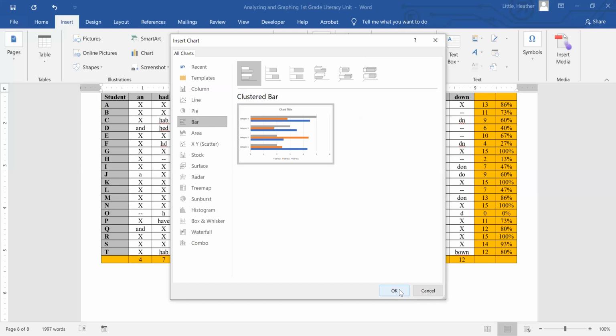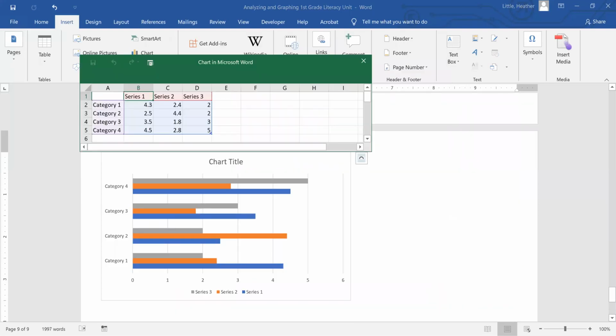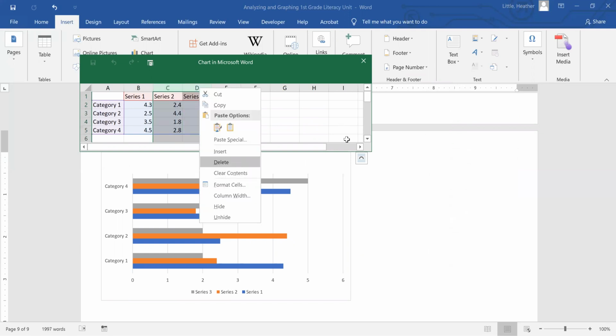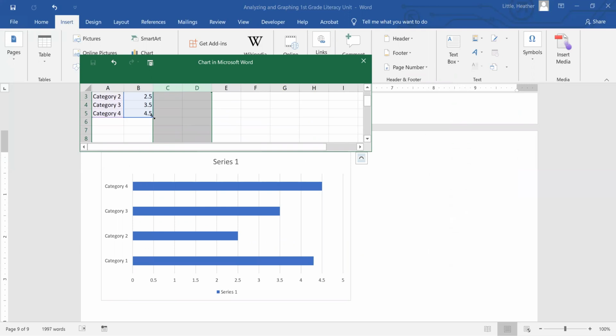All right, again, bar graph. Let's try again here. Now, get rid of these. And then we're going to grab this and go down.